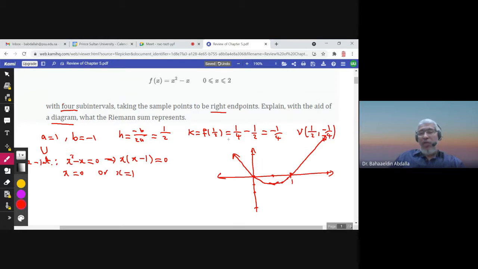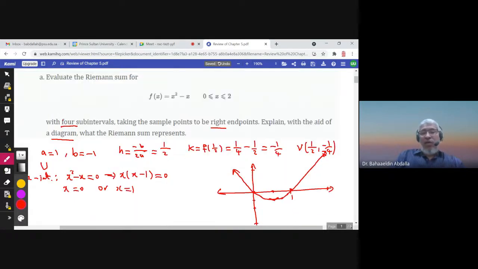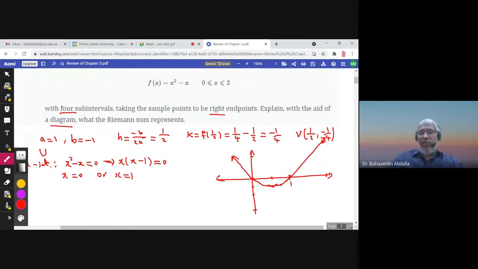Now from 0 to 2, evaluate the Riemann sum for this function from x equals 0 to 2. This is the line x equals 2. So we need to find the area of this region and the area of this region.